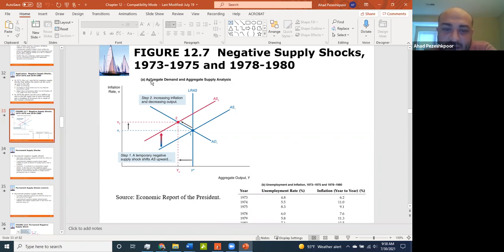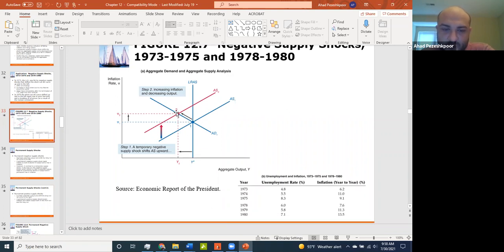You can see that in aggregate demand and aggregate supply analysis, a temporary negative supply shock shifts your supply curve to the left here. You move to a new equilibrium, and now you see your inflation rate, which is year to year, goes up, and unemployment also goes up.